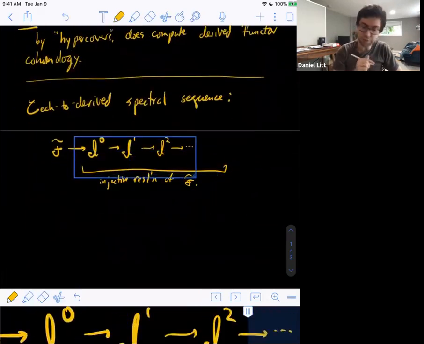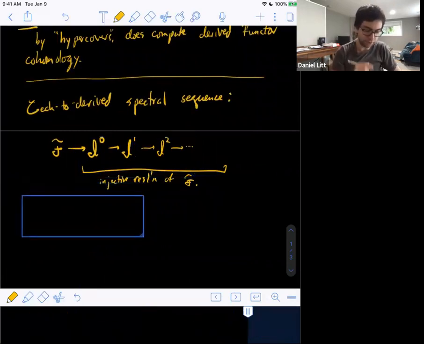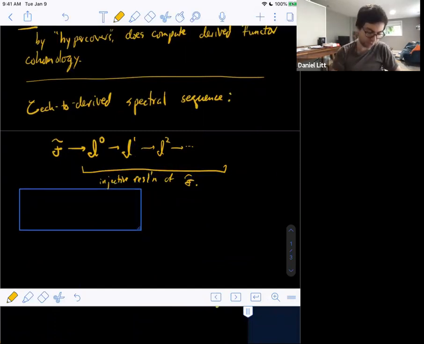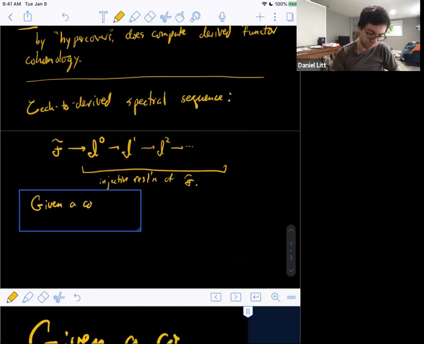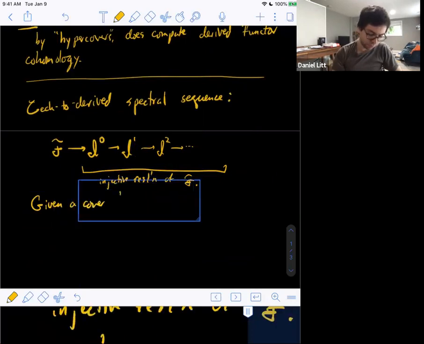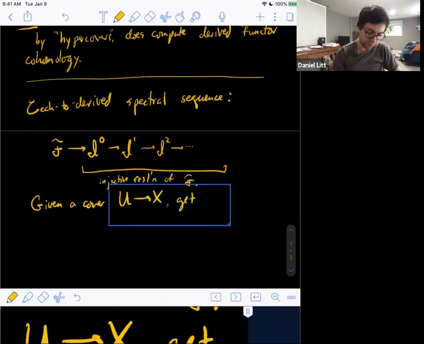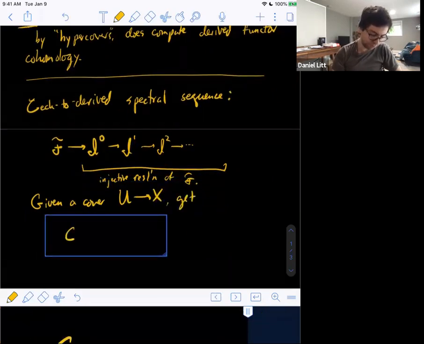Okay, so each of these things are sheaves, and the Čech complex is a functor. So we can make a double complex out of this complex by applying the Čech complex functor. So given a cover U to X, we can get a sequence of complexes.